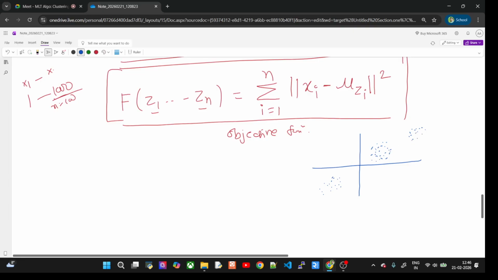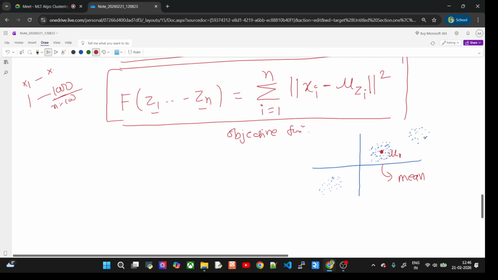What you do is take the mean of all the points in a cluster, and you get a value mu, maybe here mu1.